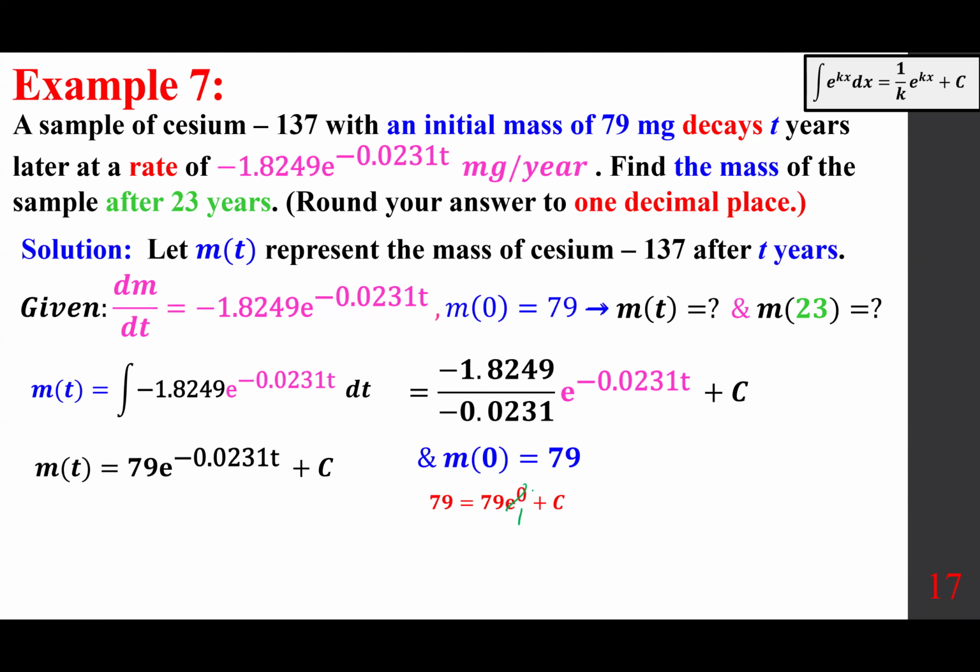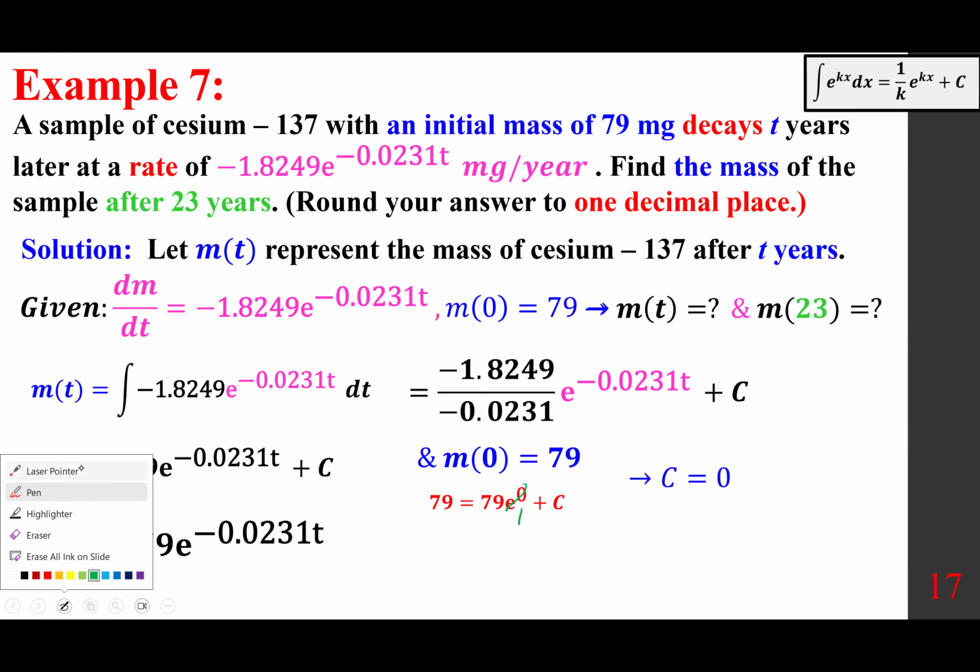So you get 79 equals 79 plus c, and c must be 0. So m of t becomes simply 79 e to the power of negative 0.0231 t. And now, replace the t with 23 to evaluate it after 23 years.